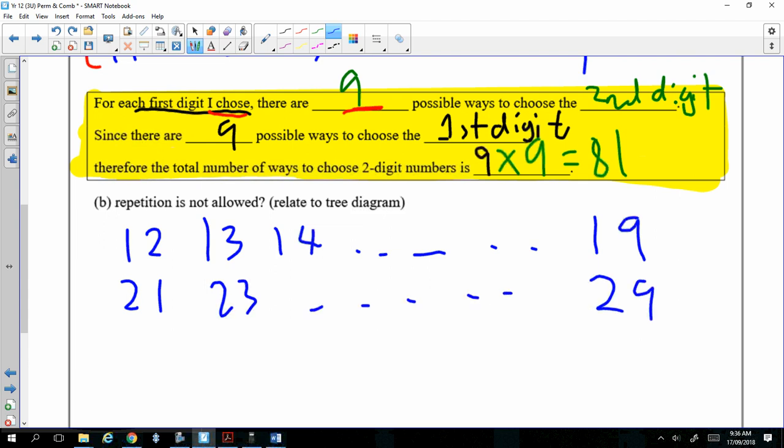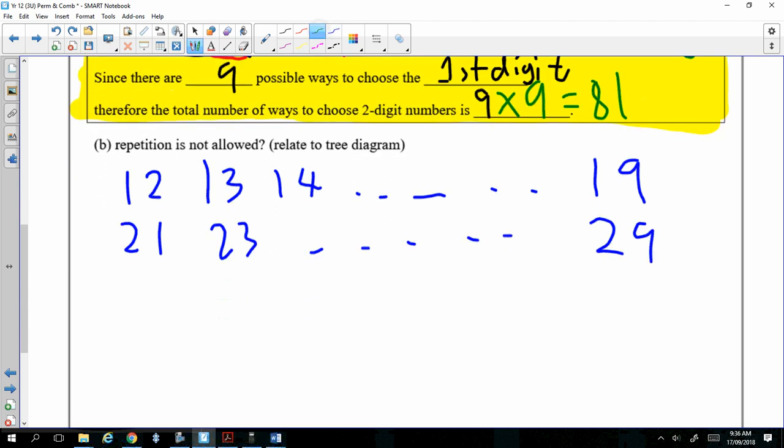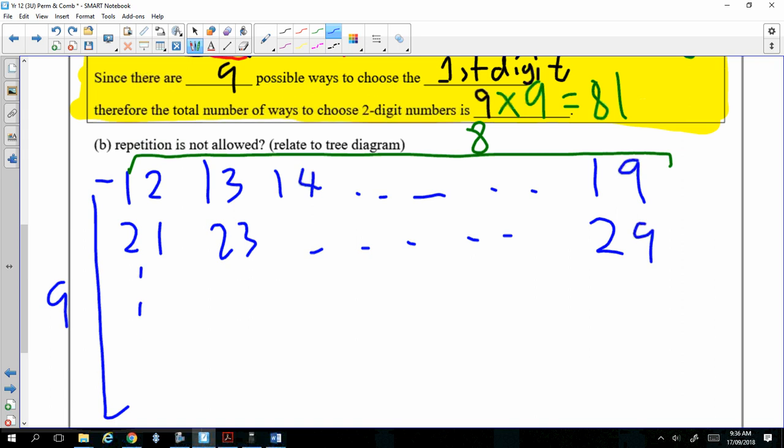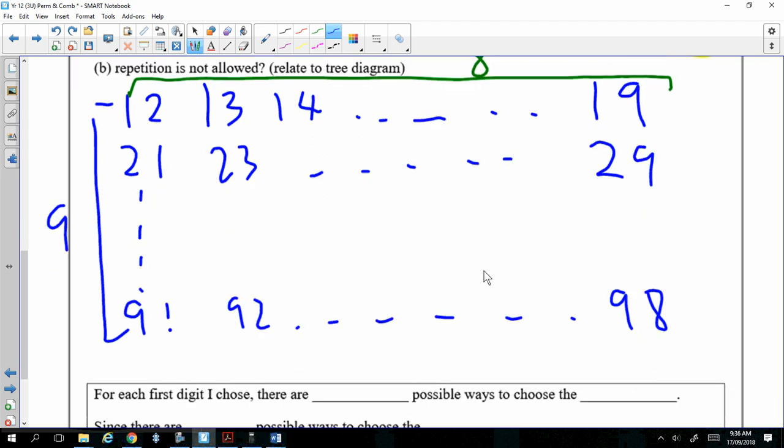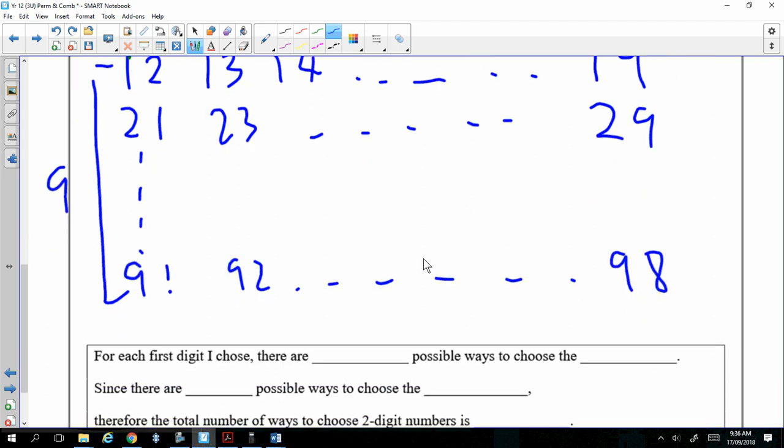And for 9, it goes 9, 1, 9, 2, up to 9, 8. So for each first digit I chose, there are 8 possible ways to choose the second digit.